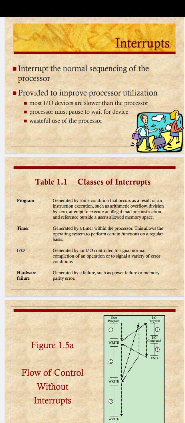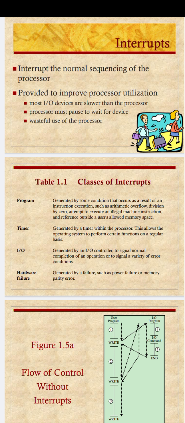This is more like you are giving chance to each other. You want to use the bathroom? No, you can use the bathroom first. Well, I'm done. Something like that. So interrupts improve processor utilization, since otherwise we would waste the use of the processor.